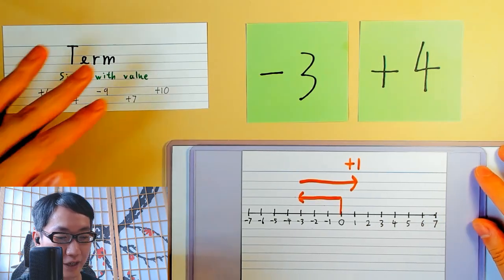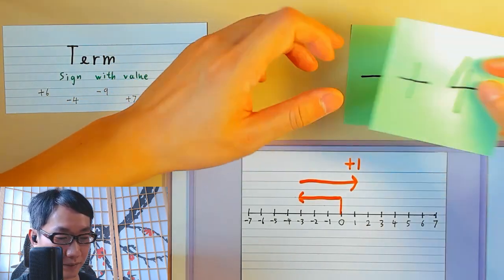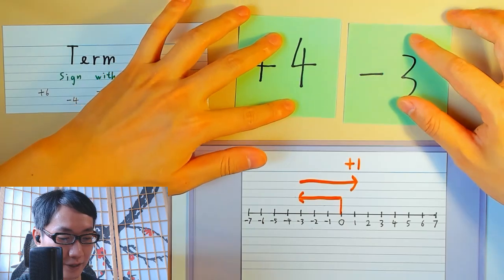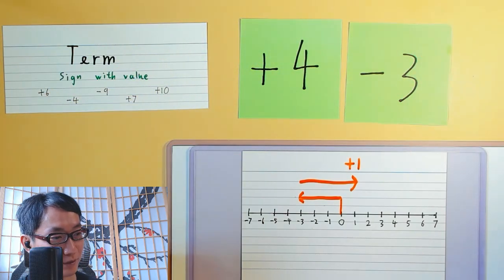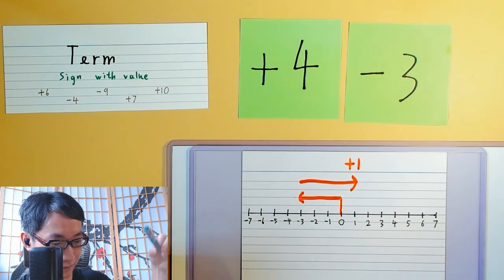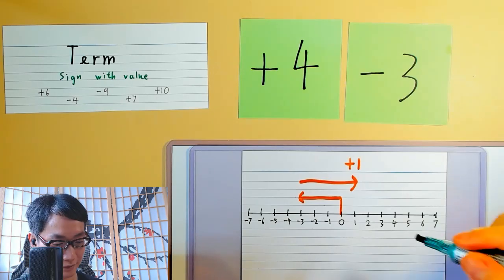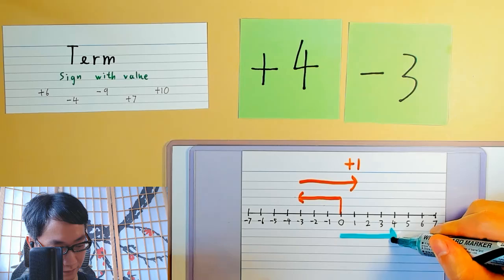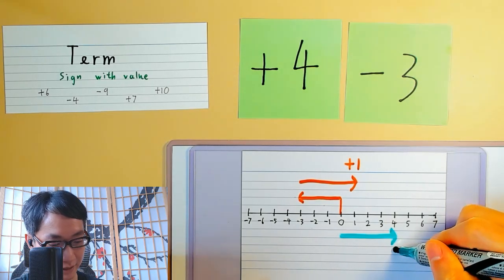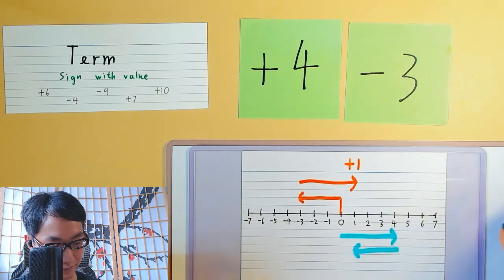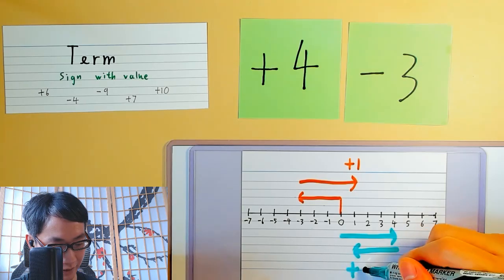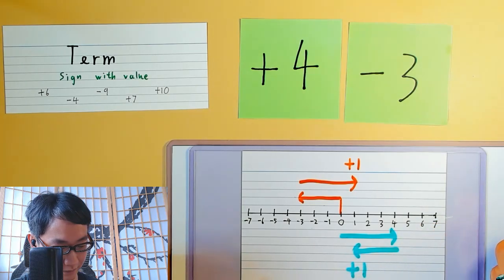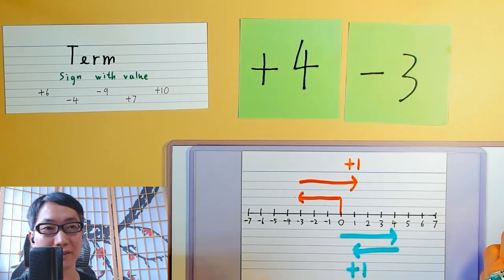But what if I exchange the order of these terms and do the calculation again? So we have positive 4 and then negative 3. And we are here. Positive 1 again.